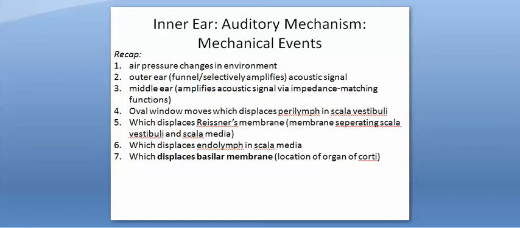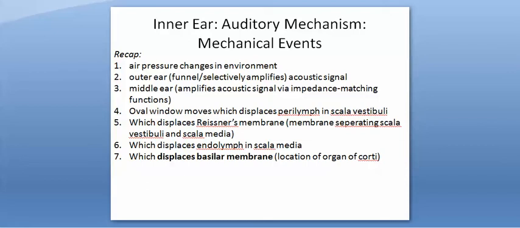Then the middle ear receives that and also adds those 3 impedance matching functions to help push that oval window into the inner ear and displace the perilymph in the scala vestibuli. Then that displacement of the perilymph in the scala vestibuli displaces Reissner's membrane. And remember, Reissner's membrane is the membrane between the scala vestibuli and the endolymph, or the scala media.